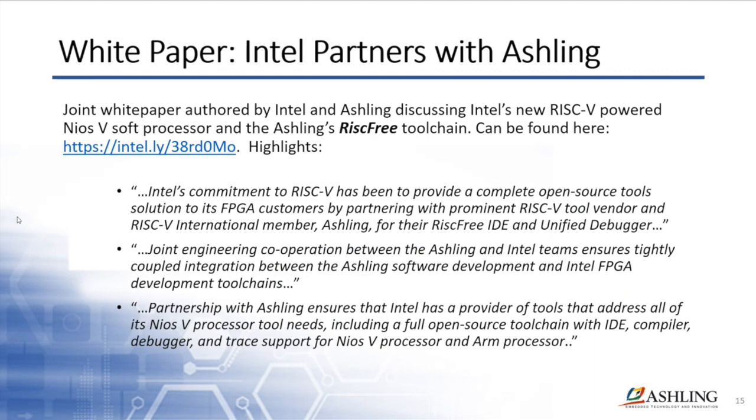I think we can switch to the next slide, where we'll be putting down the relationship between Intel and Ashling. We are working as partners, and we recently had a joint white paper released stressing this RiscFree-based Nios V processor from Intel and Ashling, working with the Intel engineering team, cooperating, and coming ready with the tools for Nios V debugging, including IDEs, compilers, debuggers, and trace support for the Nios V processor, and also for the ARM processors, all the ARM HPS.